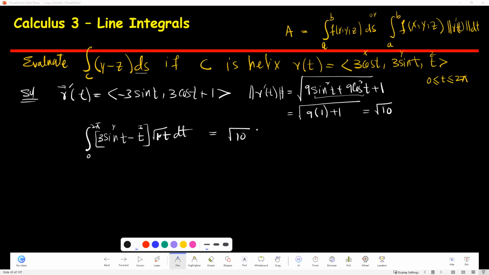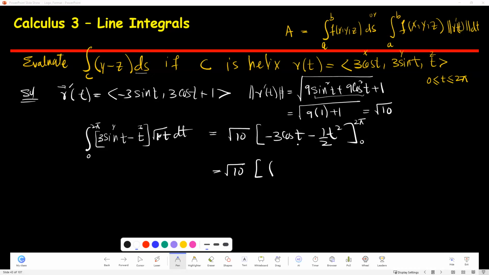I take this common, minus 3 cos t minus half t square, from 0 to 2 pi, and I'm going to substitute the value now.